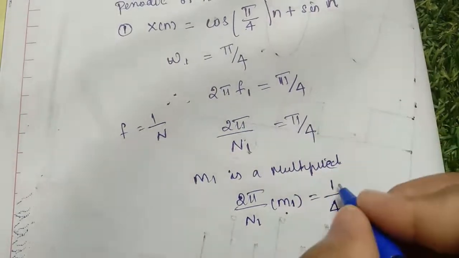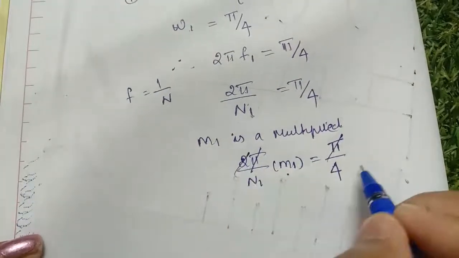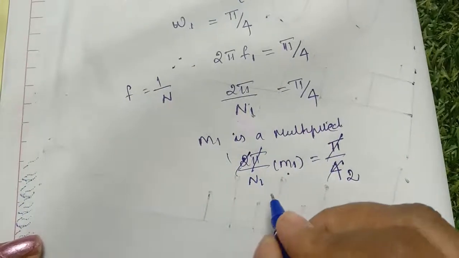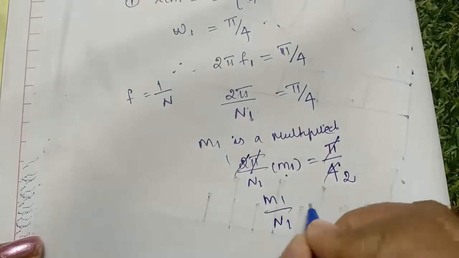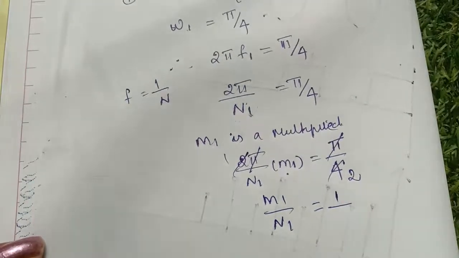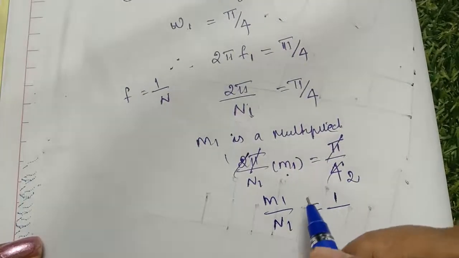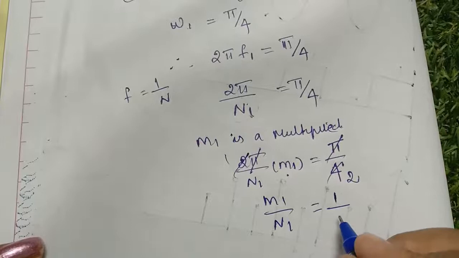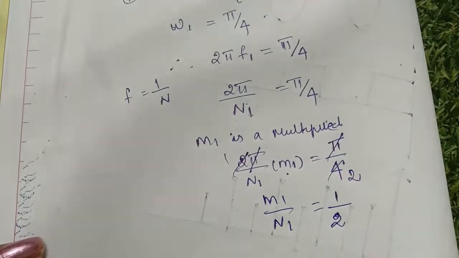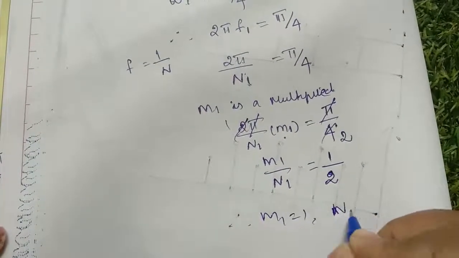So this pi and this pi will get cancelled, and this 2 and this 2 will get cancelled, and you will get 2 here and 1 here. So what happened here is m1 divided by n1 is equal to 1 by 2. Therefore m1 is equal to 1 and n1 is equal to 2.